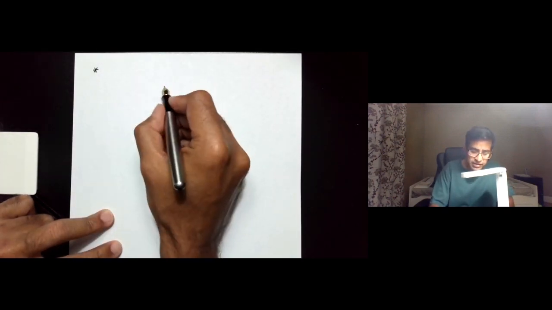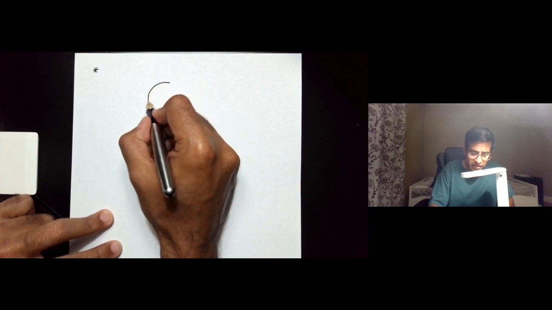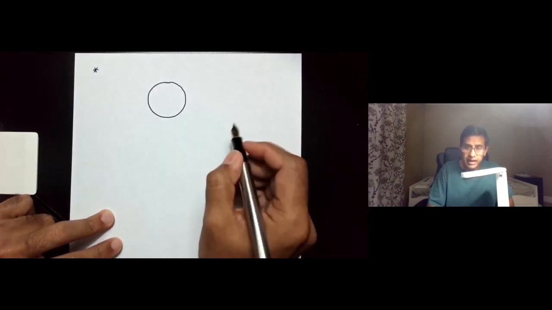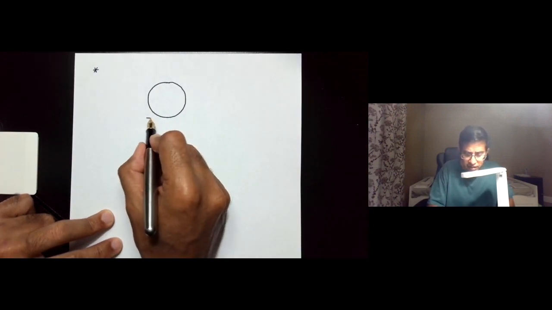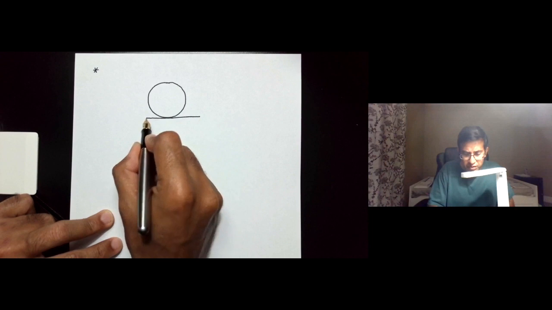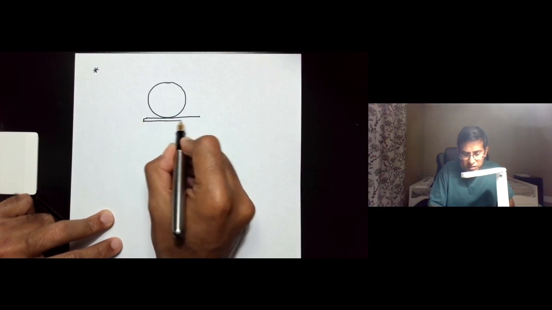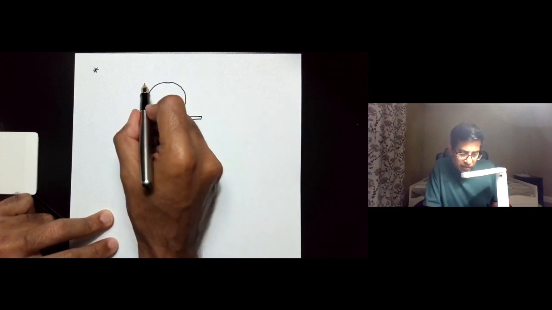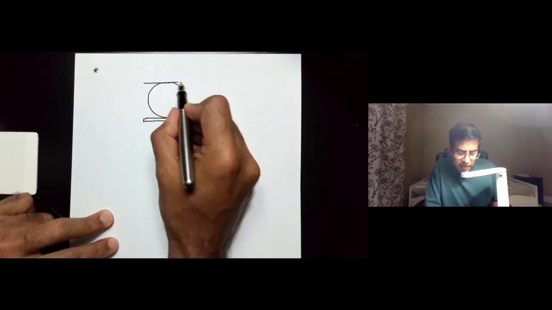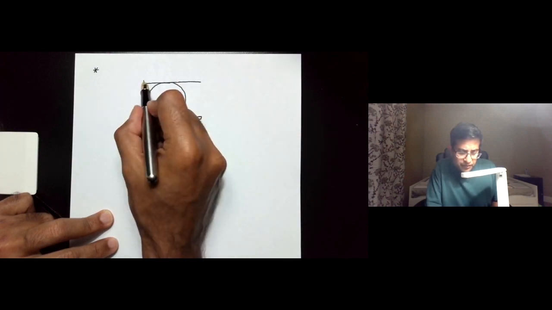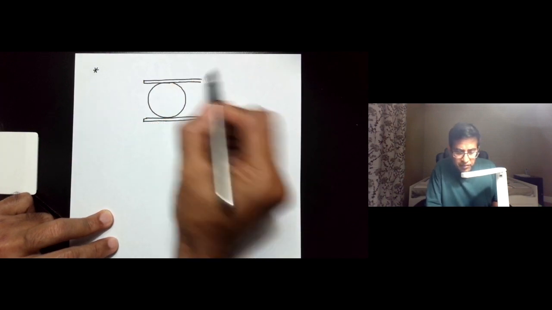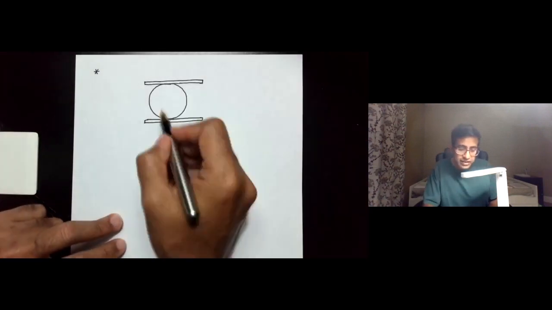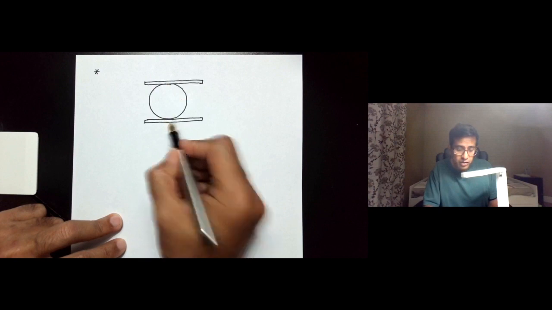So consider the case where there is a gear and there are two guide rails, or you could say a rack and pinion kind of a setup. Okay, so this is a gear that is meshed with this upper bar and the lower bar.